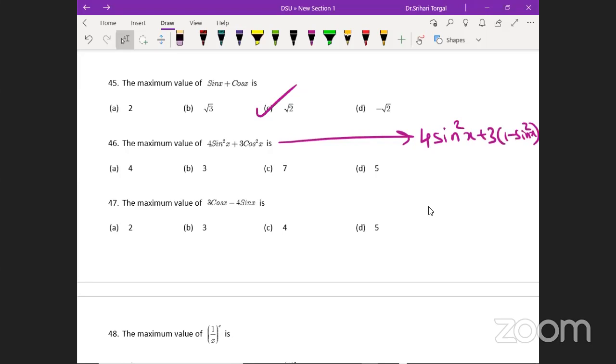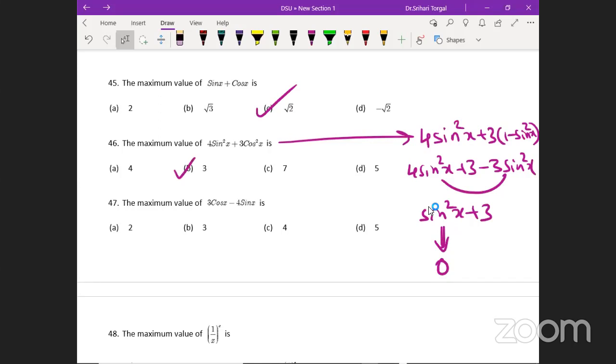Write cos square x as 1 minus sin square x. 4 sin square x plus 3 minus 3 sin square x. You simplify this, you will get sin square x plus 3. What is the minimum value of sin x? It is 0, right? Answer is 3.